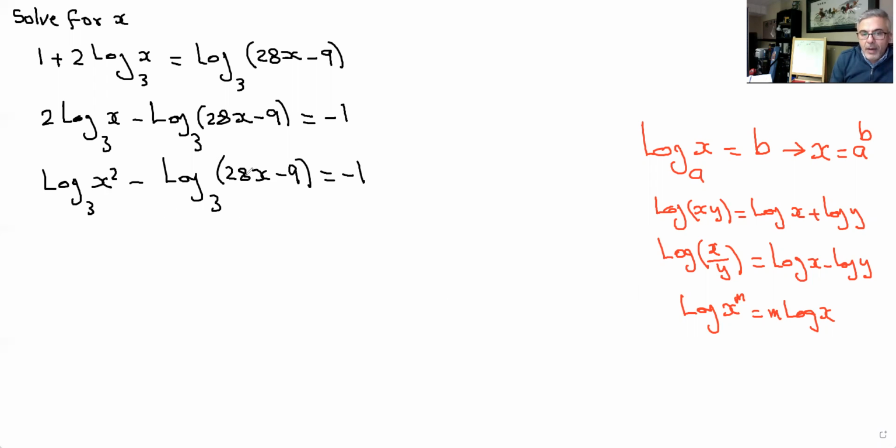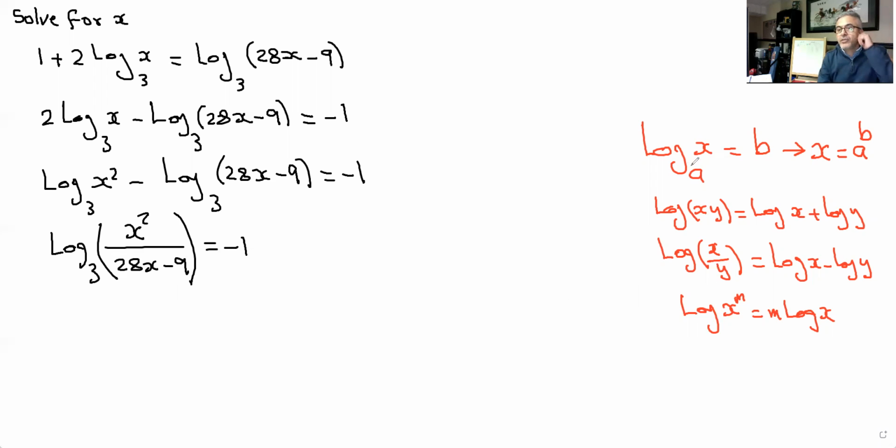Now I'm going to combine these two here. If you look at this, when you're subtracting log x minus log y, it gives you log of x over y. So I'm just going to write it as log base 3 of x squared over (28x minus 9) equals negative 1. Now I'm going to use this first rule here, changing it from logarithmic form to exponential form.